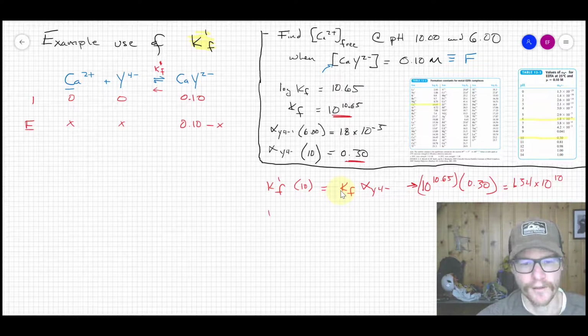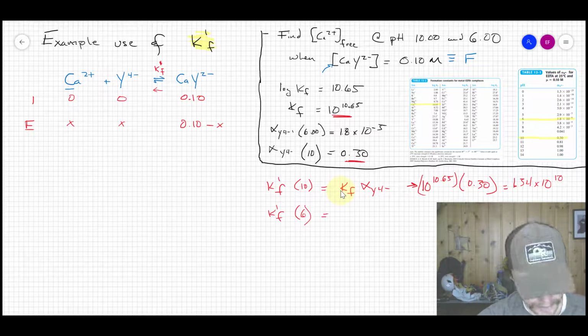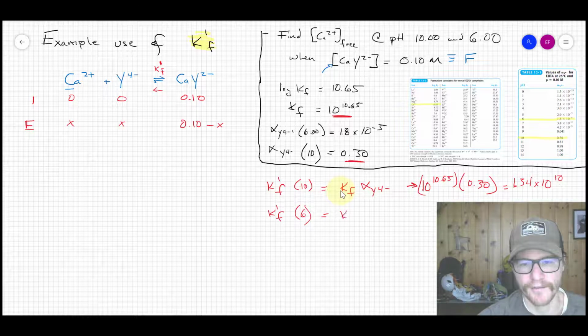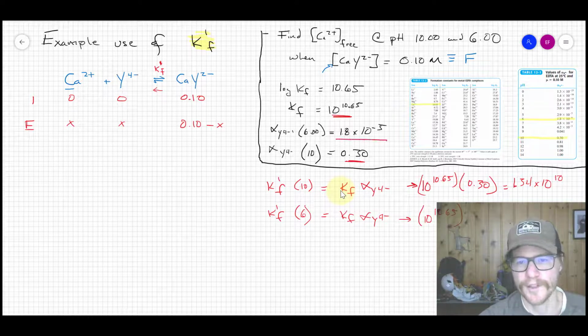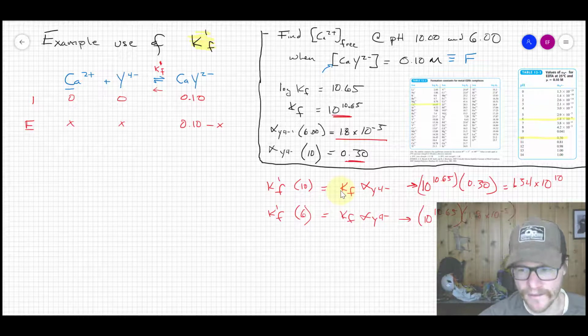And then if we calculate our conditional constant at pH of 6, it's the same expression, just to be consistent here. That's the same Kf, 10.65, but in this case multiplied by this much smaller number, 1.8 times 10 to the minus 5, and that is 8.0 times 10 to the 5th.